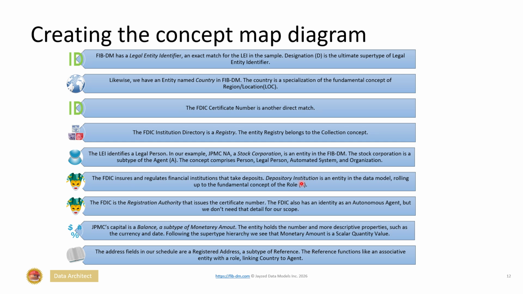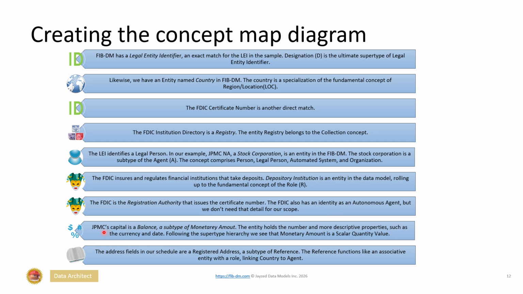So depository institution is an entity in the data model, rolling up to the fundamental concept of roles. And also the FDIC itself, you find that it's a registration authority that issues the certificate. The FDIC also has an identity as an agent, but we don't need that detail for our scope.